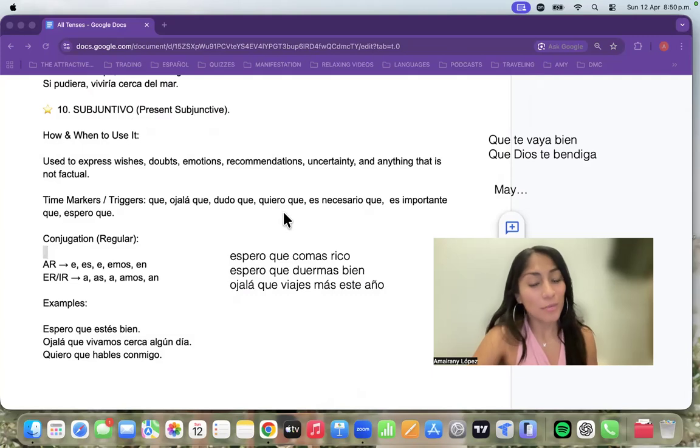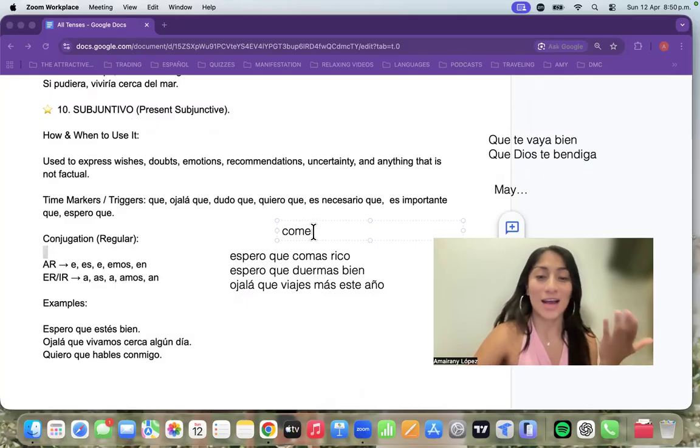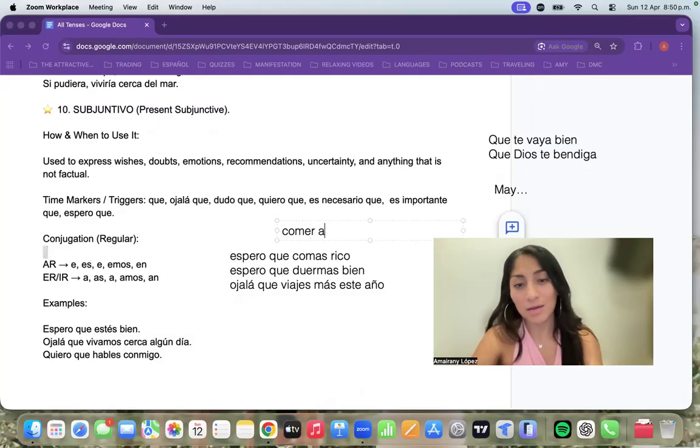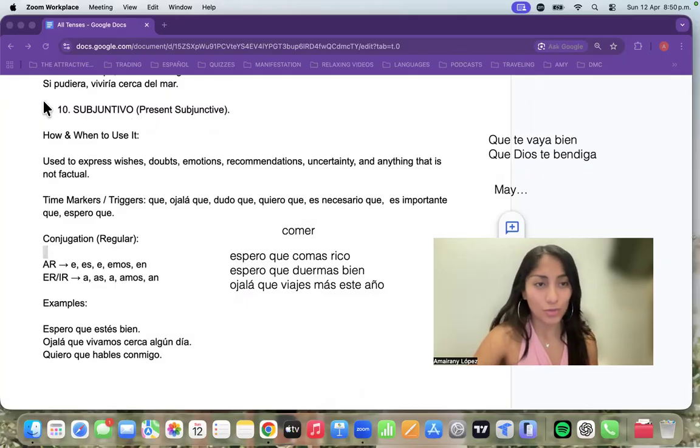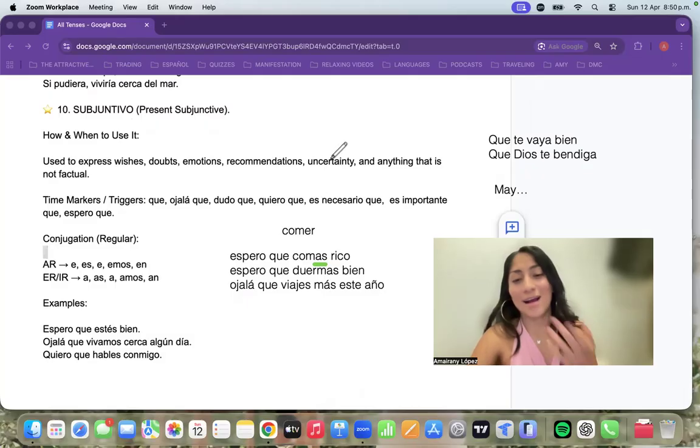So if we have "comer," ending with "er," then it's backwards. So it's going to change from an "e" to an "a." Okay, so "coma" would be for myself, but since we are wishing something to someone else, we're going to use the "you" conjugation, which would be "as," right?